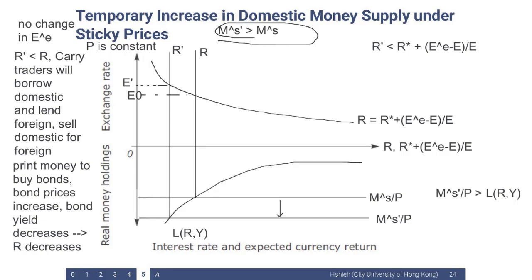Now on top here, we have R prime lower than R, so carry traders will borrow domestic and lend foreign, but they have to sell domestic for foreign. And that will depreciate the home currency.